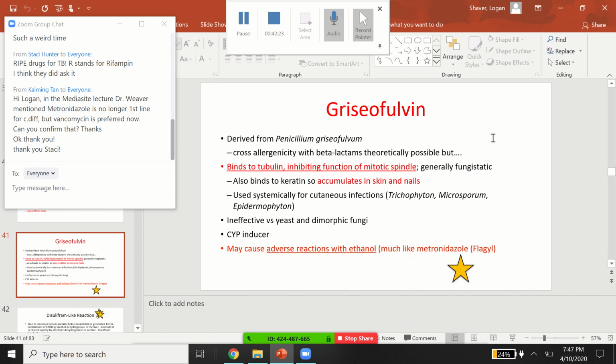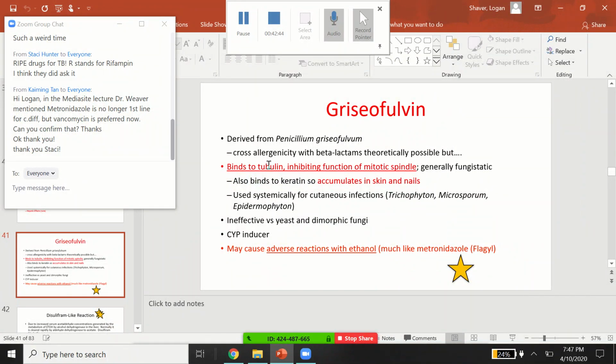Then you have griseofulvin. Now this one, I remember this being involved with the same sort of deal as metronidazole, so that disulfiram reaction is definitely important to know. Also, know the mechanism as she has in red here. It binds to tubulin, and it almost gives away its mechanism.